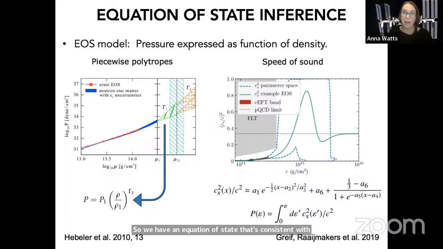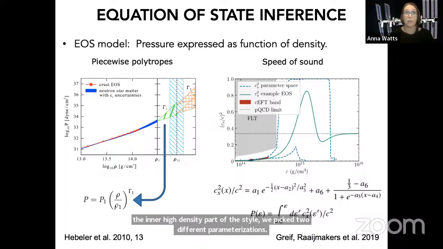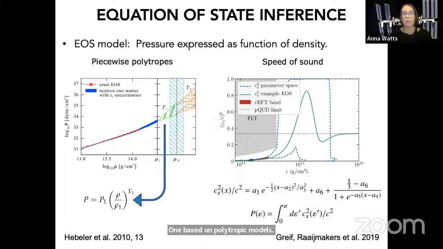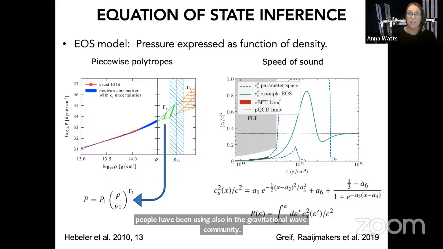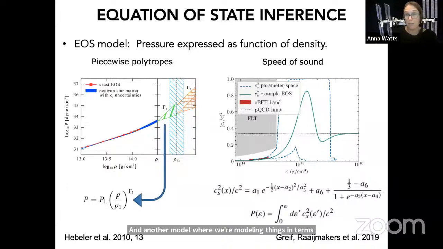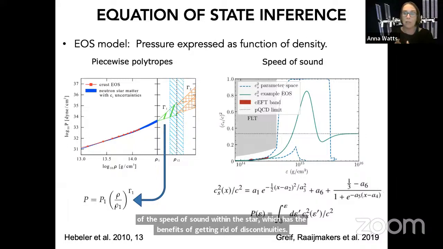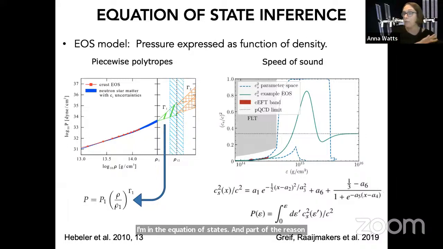For the inner high density part of the star, we picked two different parameterizations, one based on polytropic models of the equation of state, which a lot of different people have been using also in the gravitational wave community, and another model where we're modeling things in terms of the speed of sound within the star, which has the benefit of getting rid of discontinuities in the equation of state. Part of the reason for doing that was just to try and understand how sensitive we were to model choices. But you can pick any equation of state model that you want at this point.